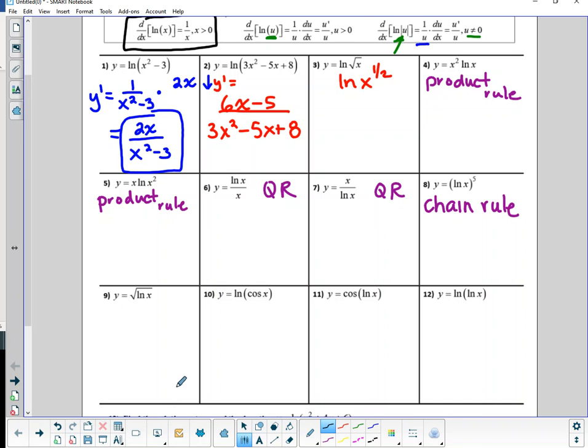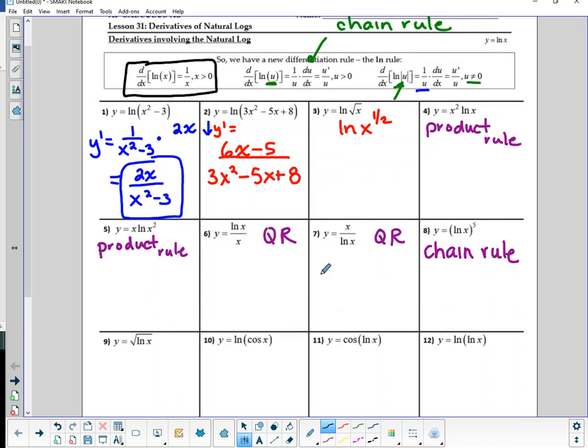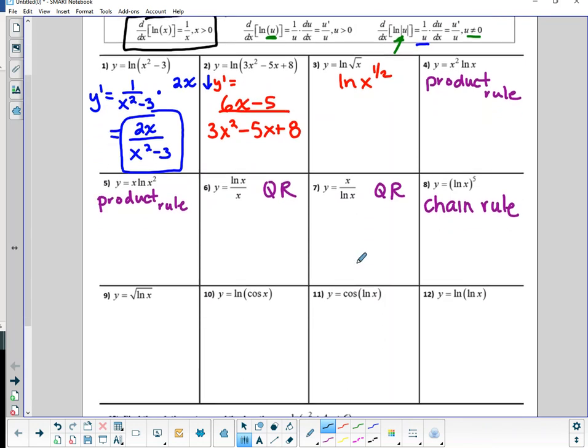Okay. Basic idea, when you're taking the derivative of the natural log part, for example, if I'm doing number 10, the derivative of the natural log of a cosine, okay, where this is kind of acting as your u, your derivative will be 1 over the cosine times the derivative of cosine.